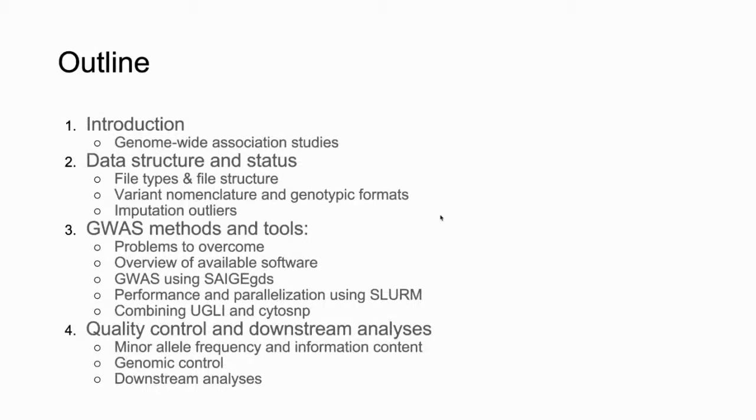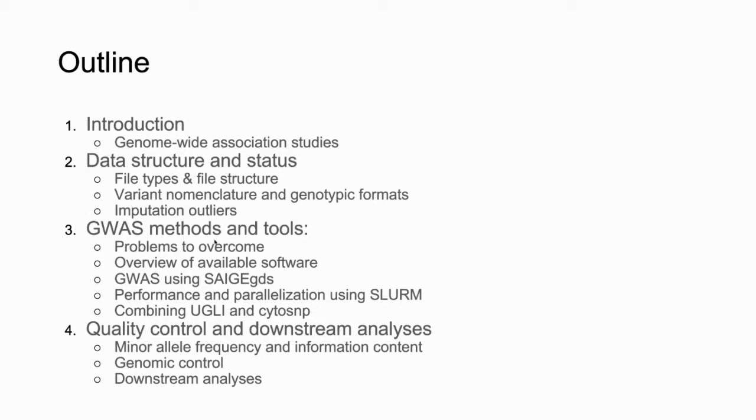Let's see if this continues. Yes. So first a little outline. I will try to give a little introduction to remind the theoretical part of the genome-wide association studies. Then we will dive into the data structure and status. We'll see that it's very important that you know how the data is structured.